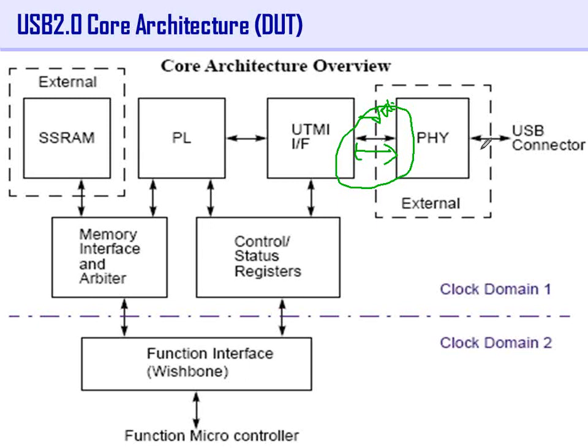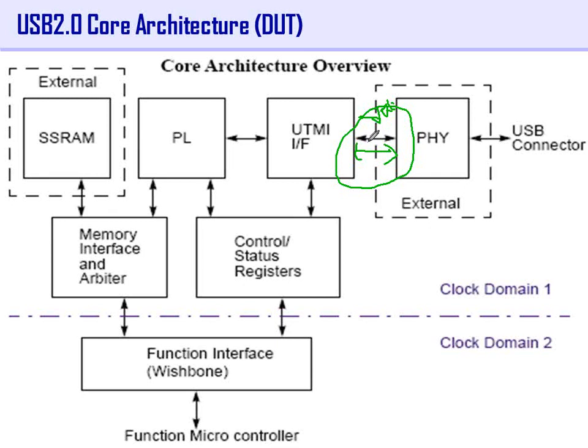So both devices need to communicate through sync and end of packet to tell each other that some packet is starting, some packet is ending, because there is no signal to say that the packet is valid now. Everything has to be communicated only on D plus and D minus. Whereas here there are dedicated signals like valid, ready, transmit ready, RX valid, RX active, something like that, which will tell both devices that some packet is coming or it's not coming.